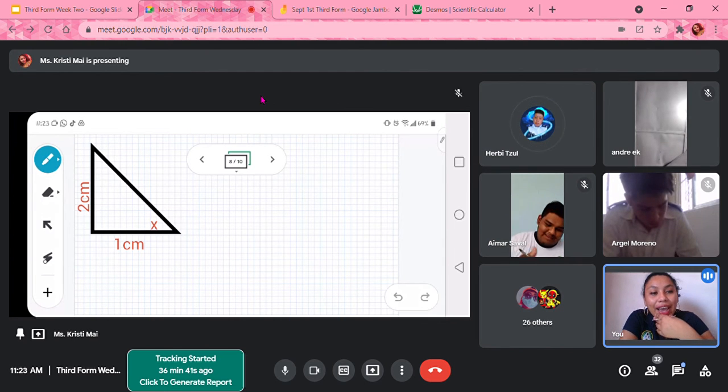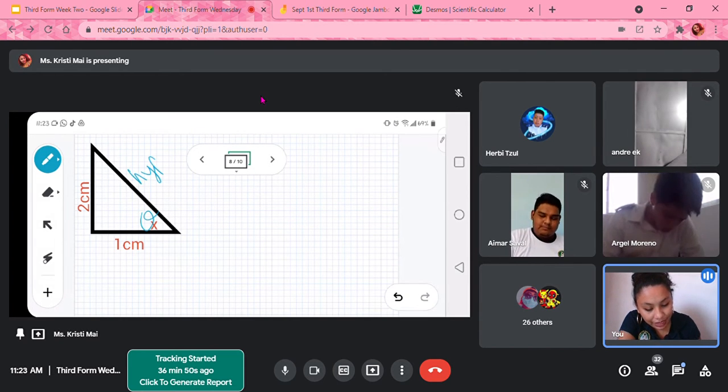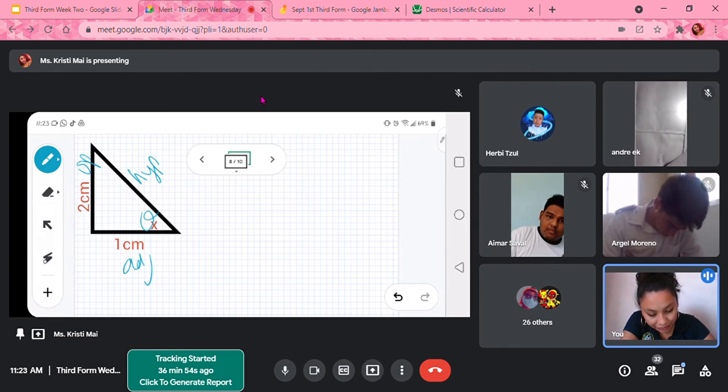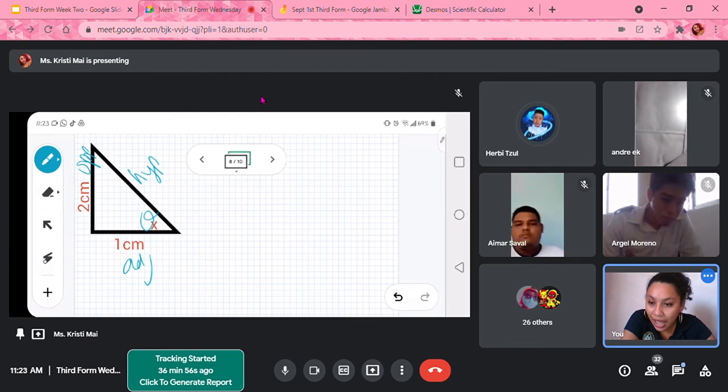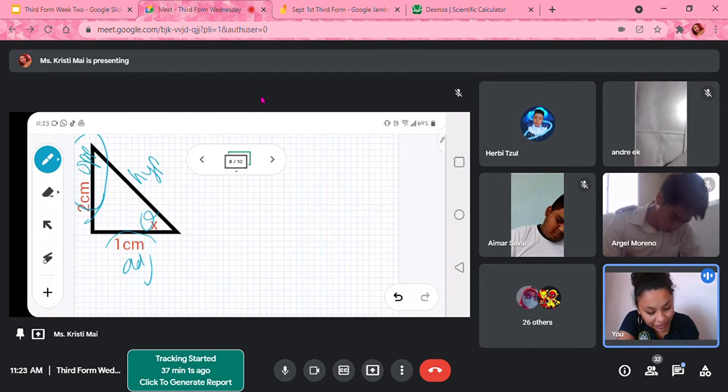So, I have theta right here. I'm going to label the triangle: hypotenuse over this side, adjacent over this side, and opposite over this side. I am using opposite and adjacent.